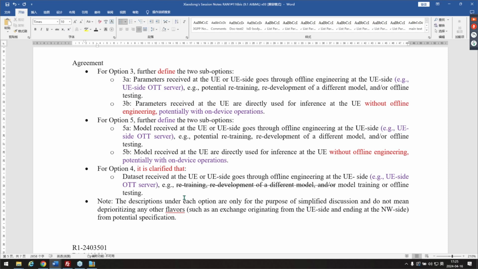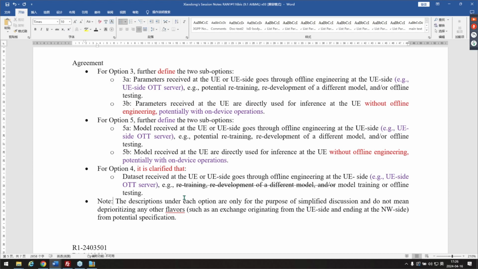Because my main agenda is to take the model from the network because it has better control. Is the purpose of getting a model from network still achieved if I do the offline engineering? That's the main question I have.